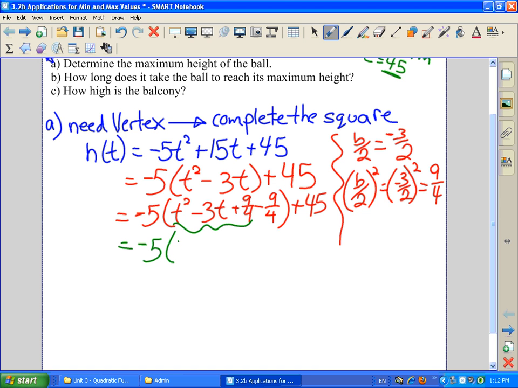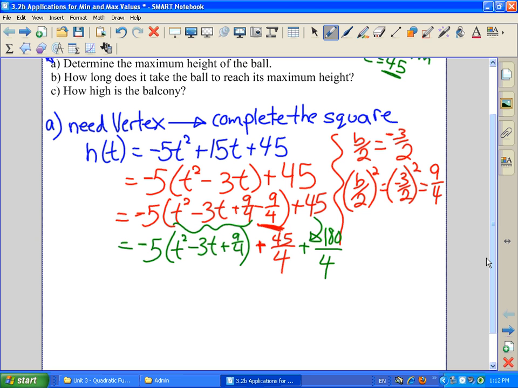So basically, this is what we're going to use to complete the square. However, we have to deal with this negative 9/4. And in order to get the negative 9/4 out of the bracket, it's got to be multiplied by the negative 5. So it's going to be positive 45 over 4. And to be consistent, how do we transform 45, which is 45 over 1, into a value over 4? You take 45, multiply it by 4, and you're going to get 180.